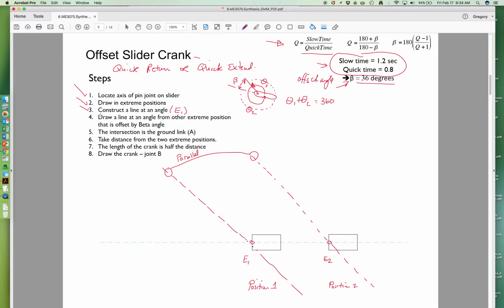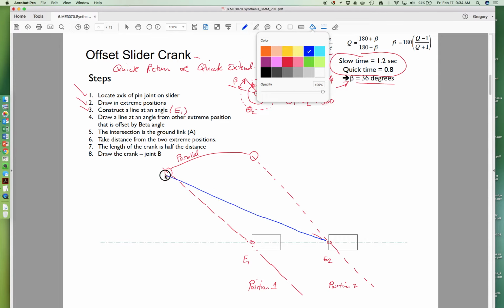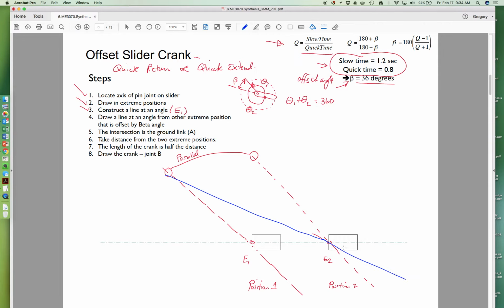Now, once I do that, I'm going to draw a line at any angle from the other extreme position at some offset angle beta. Okay, so in this case, I'm going to draw a line through E2 at an offset angle. Let me change the color here. At an offset angle beta. Okay, so in this case, I'm going to draw it at this offset angle, and this offset angle in our case is beta, or 36 degrees.